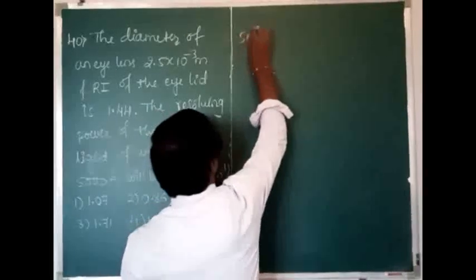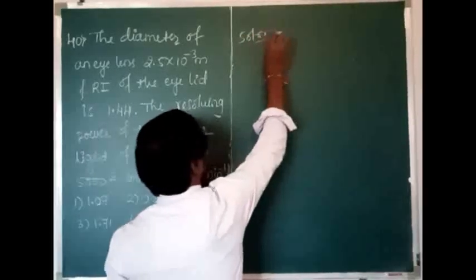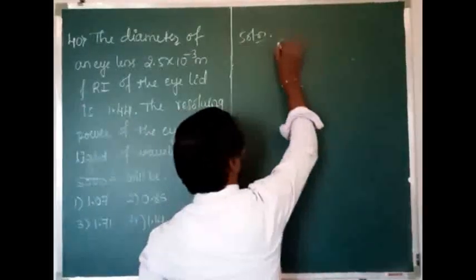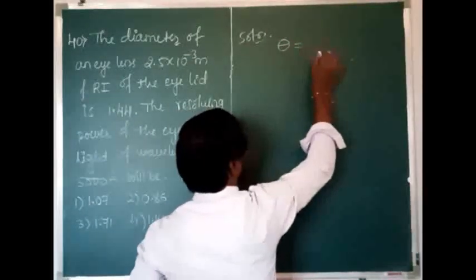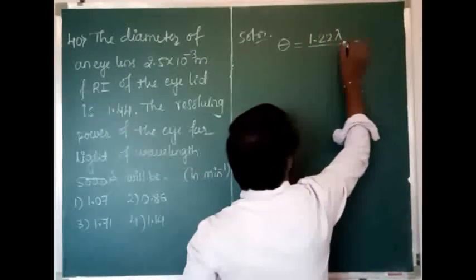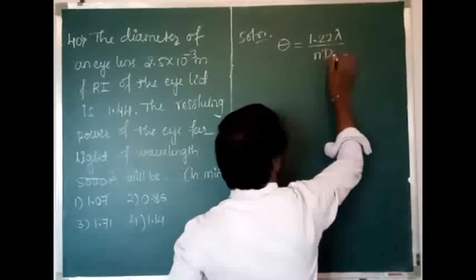Solution. So what is the limit of resolution here? The limit of resolution theta is equal to 1.22 lambda divided by n into capital D here.